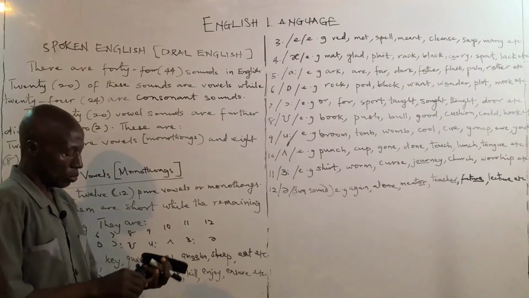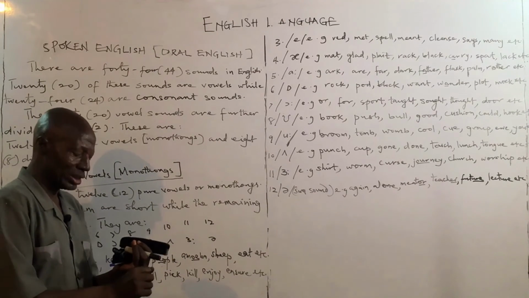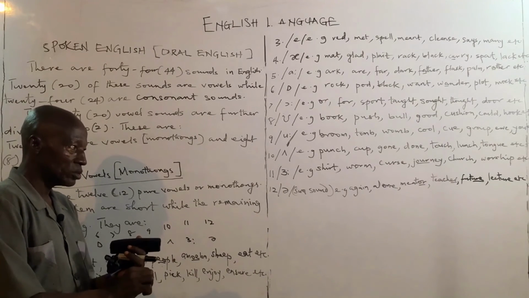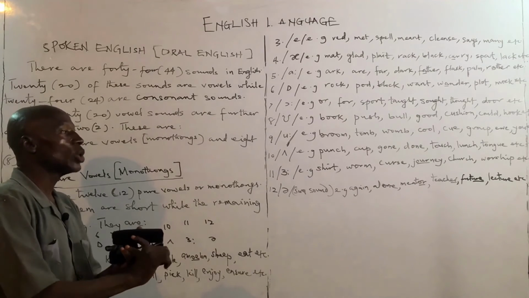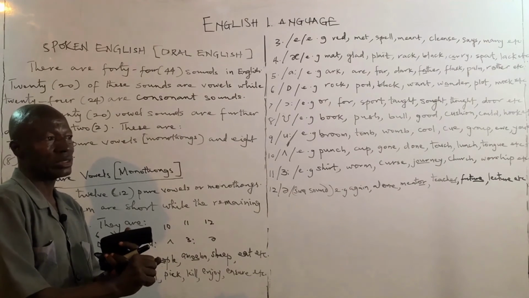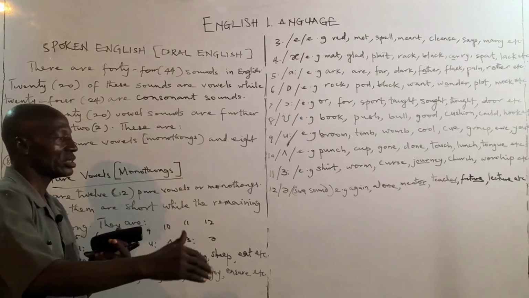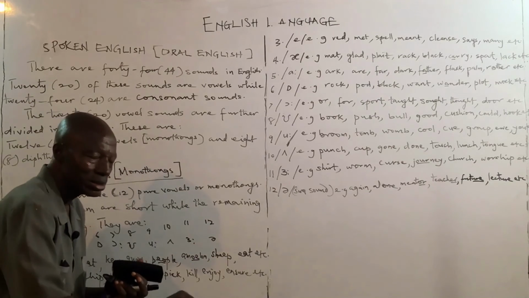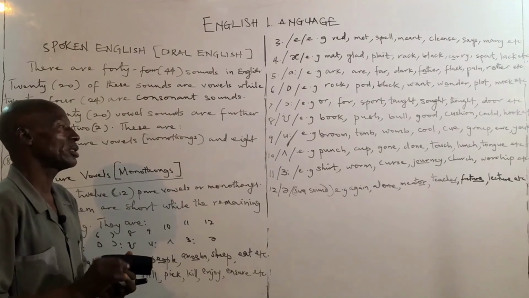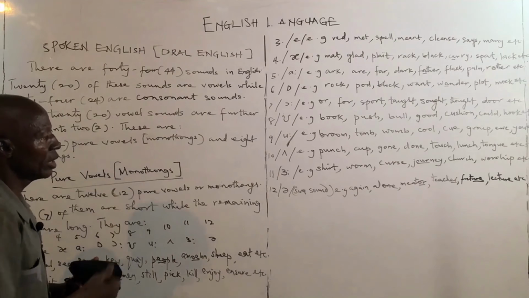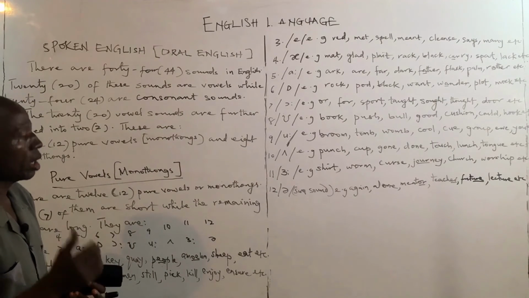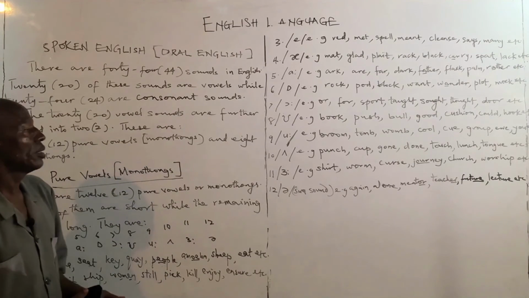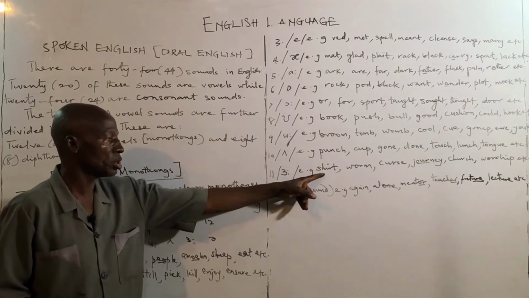Usually when you have IR words, in most cases, and in some cases when you have OR words, and in some cases when you have UR words, and then there are other words that do not fall under any of those I've mentioned, but yet they have that sound. You just have to study them. You see some of them here, and some of them you can read for more examples in your textbooks or your dictionary.